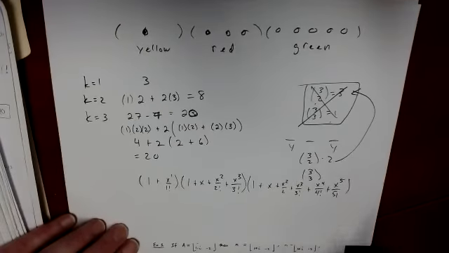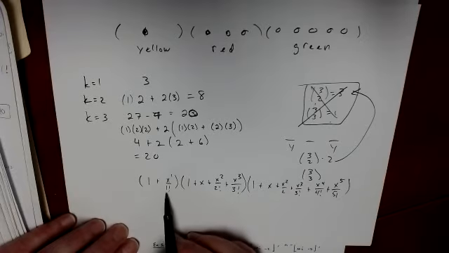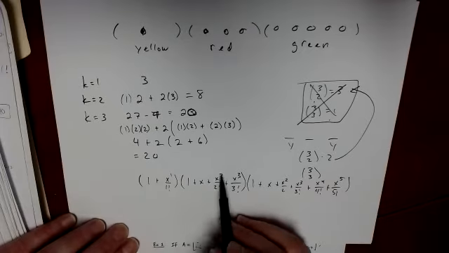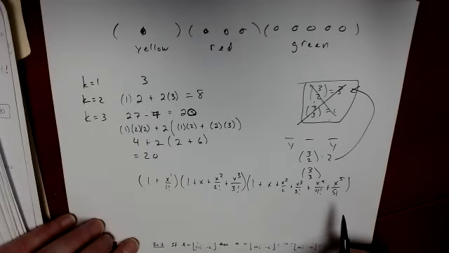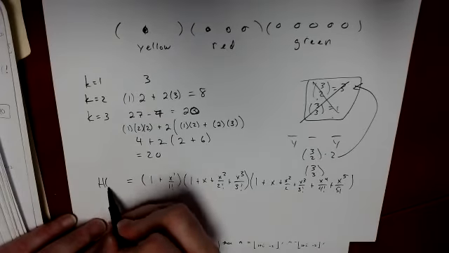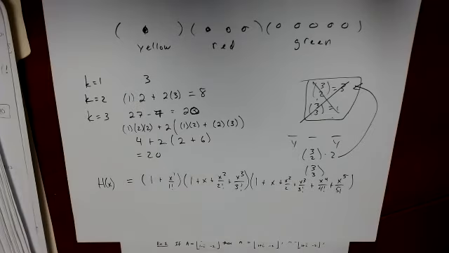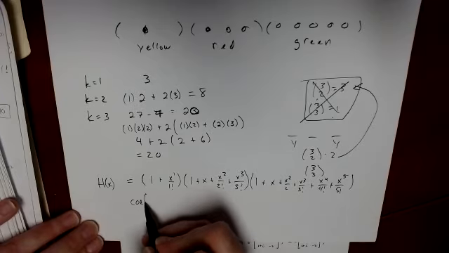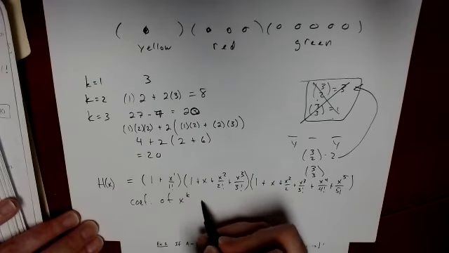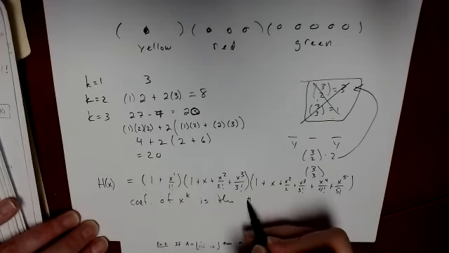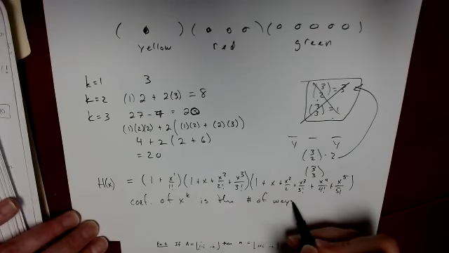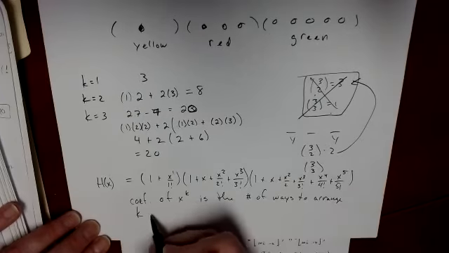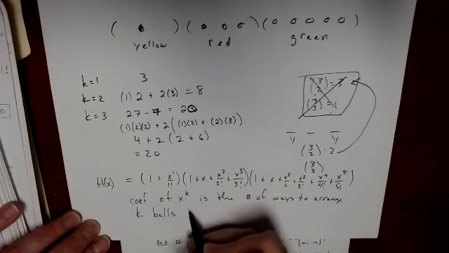And so if order is important to us, then in our generating function, we put our x's over the corresponding factorials. And that will be the exponential generating function for the sequence where the coefficient of x to the k is the number of ways to arrange k balls from this bag.